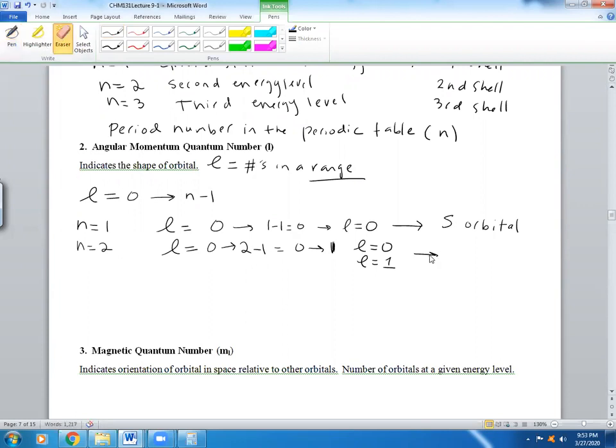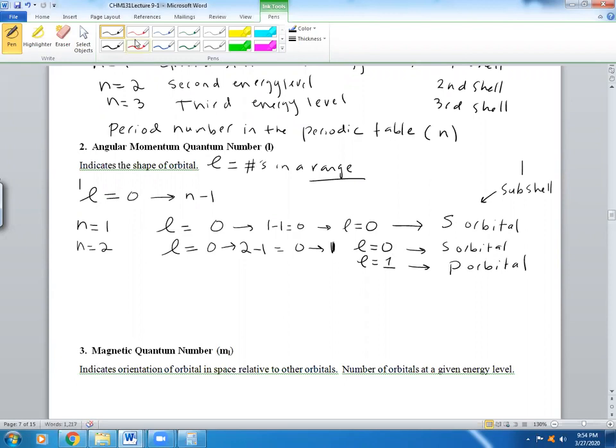Now, we already said what 0 is. So the second energy level has 2 subshells. By the way, this is called a subshell or sub-energy level. Only one subshell is an s orbital. But when L is 1, that's called a p orbital.